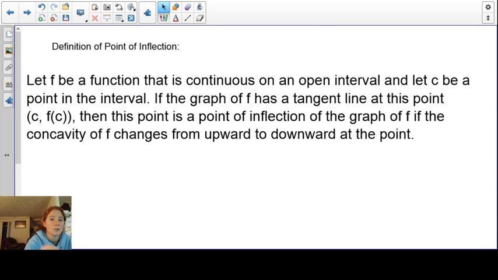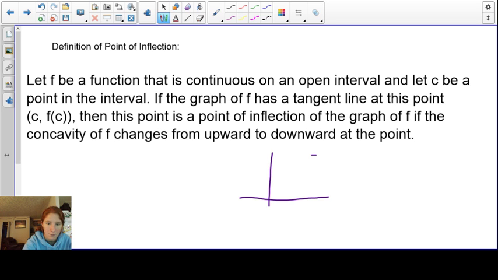So essentially what that definition is saying is that, say I have some random crazy graph and it looks like this. That point of inflection is where it would change from going concave up to concave down, in that case, left to right.